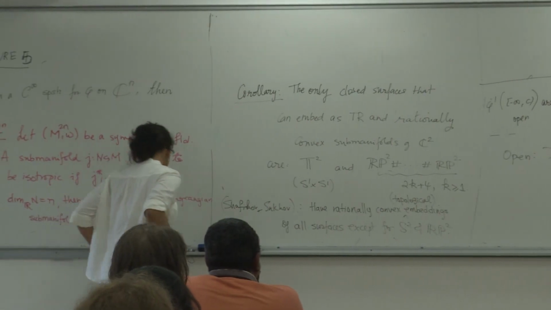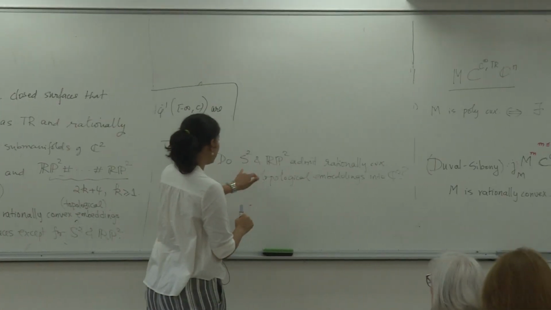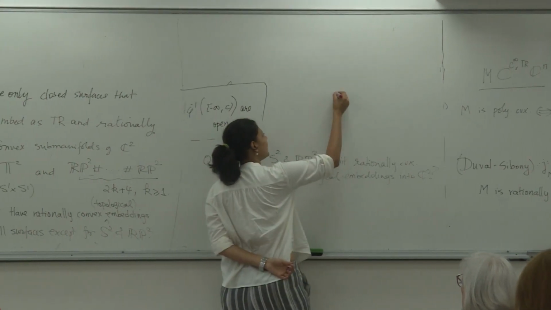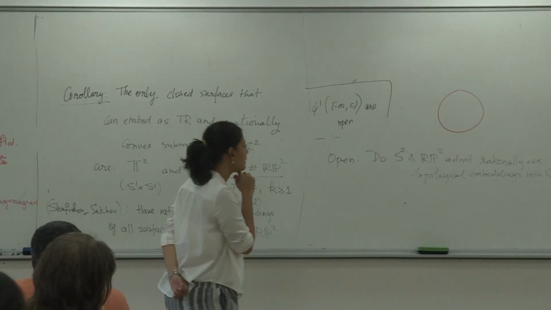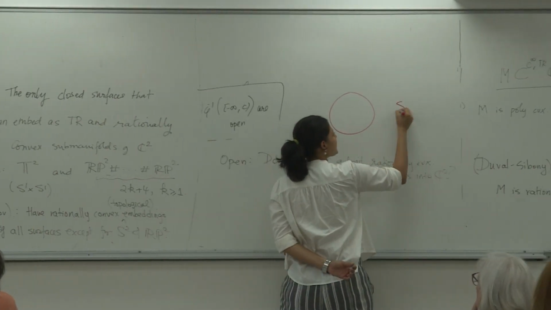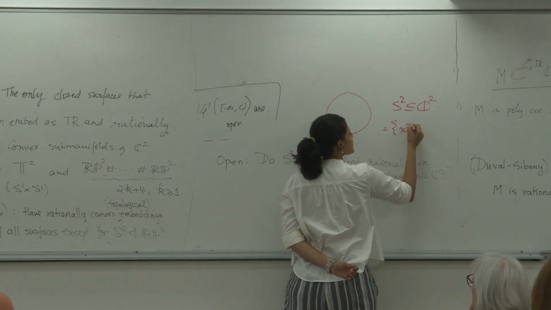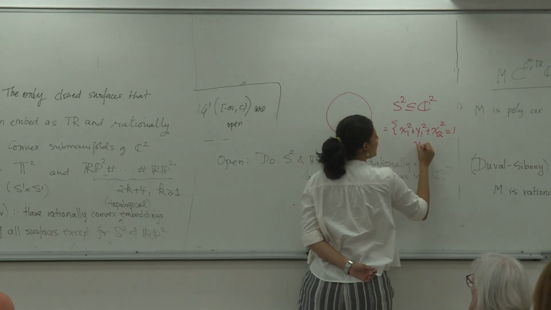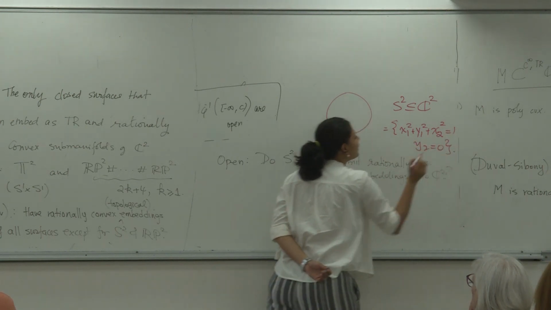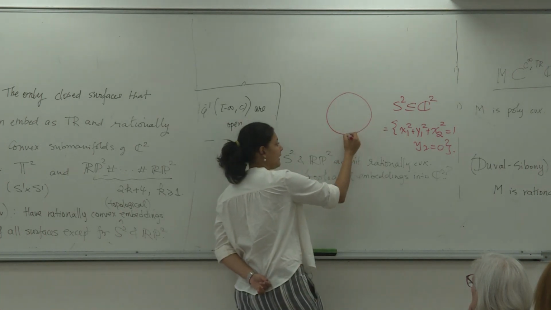Most smooth examples are not, and this is a delicate problem, because earlier in the morning when I gave you a set of examples, I asked you to think about the standard 2-sphere in C2. It was x1 square plus y1 square plus x2 square equal to 1, y2 equal to 0. The reason I gave you this example was because it's not totally real everywhere.